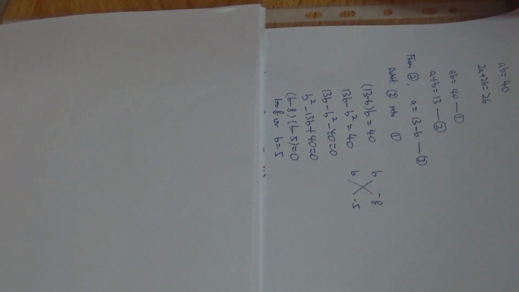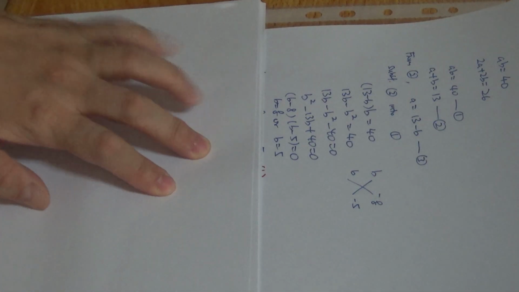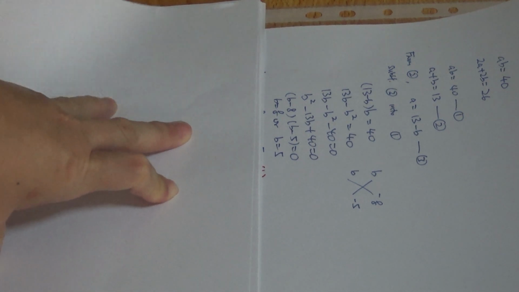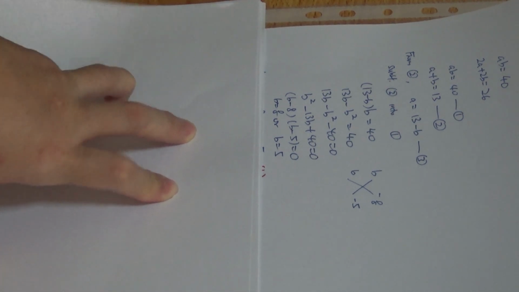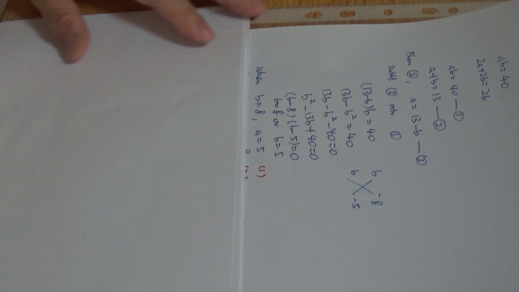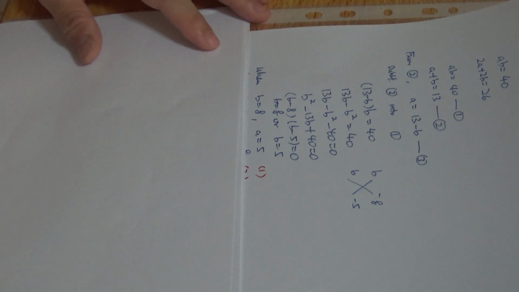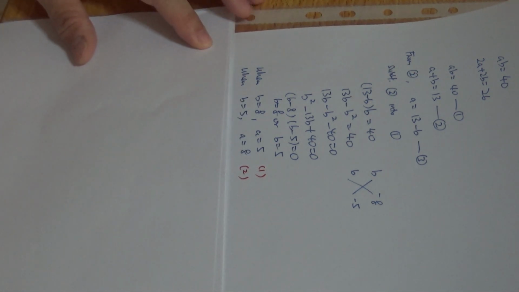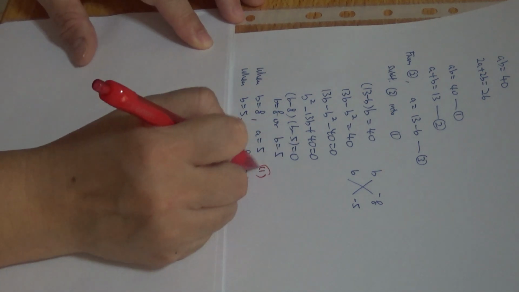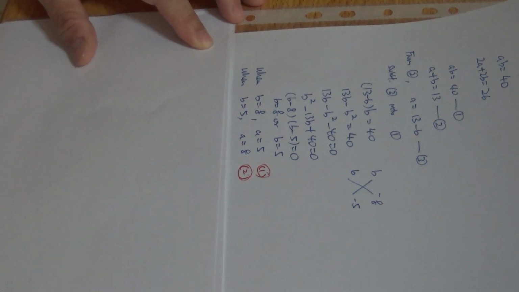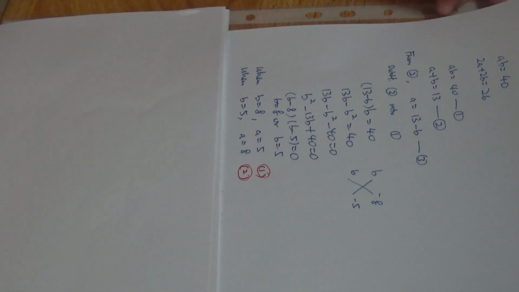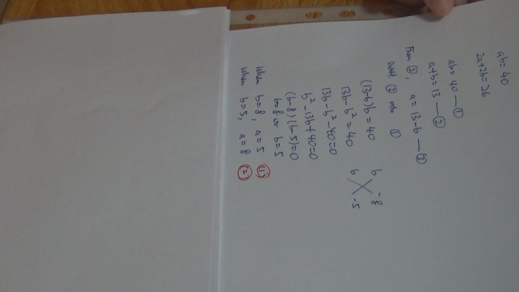I will get 2 answers for b. It's either 8 or 5. Now when b is 8, a will be 5. When b is 5, a will be 8. I call this case 1 and case 2 because I do not know which one works and which one doesn't work. You always have to check which one works.